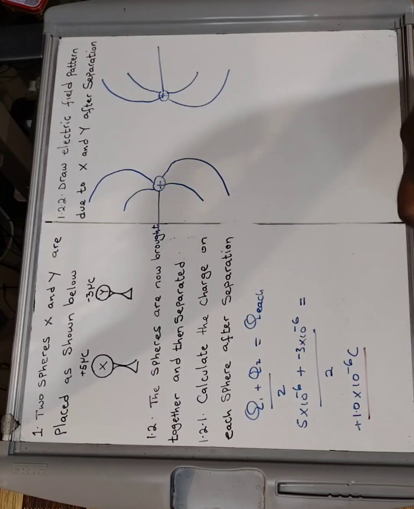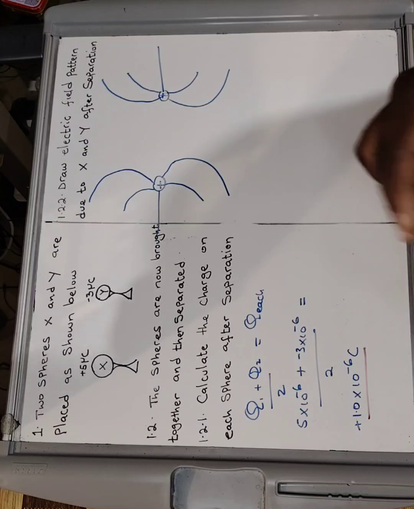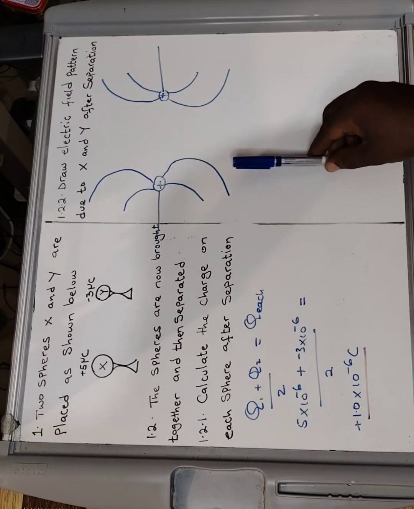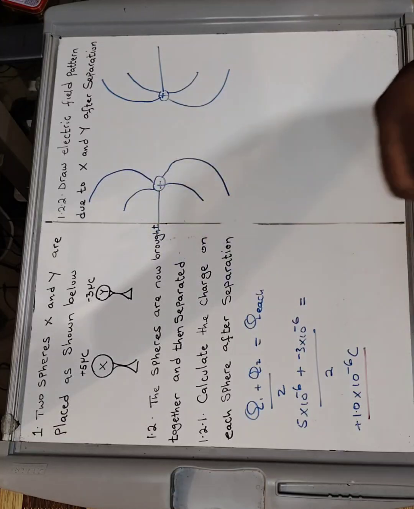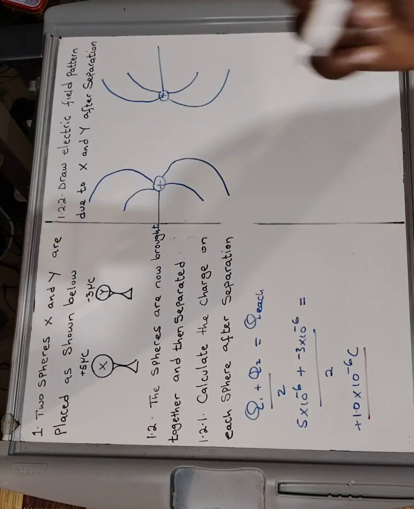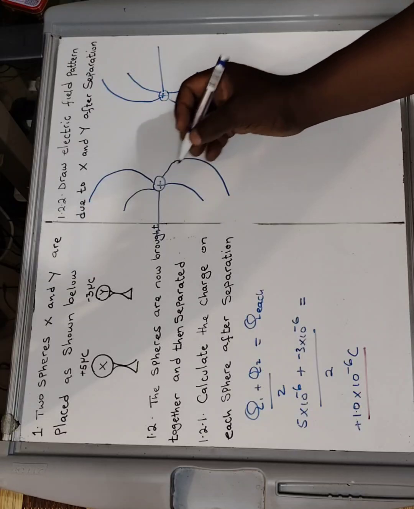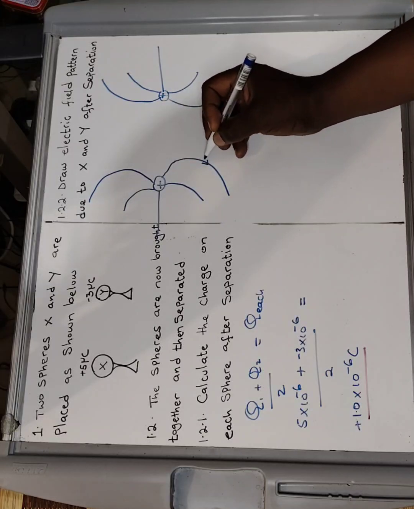What is next is the indication of the direction of the electric field. And how do we get it? By placing a positive charge here. Where it goes will be the direction. So where will it go? Is it in or out? It is out.